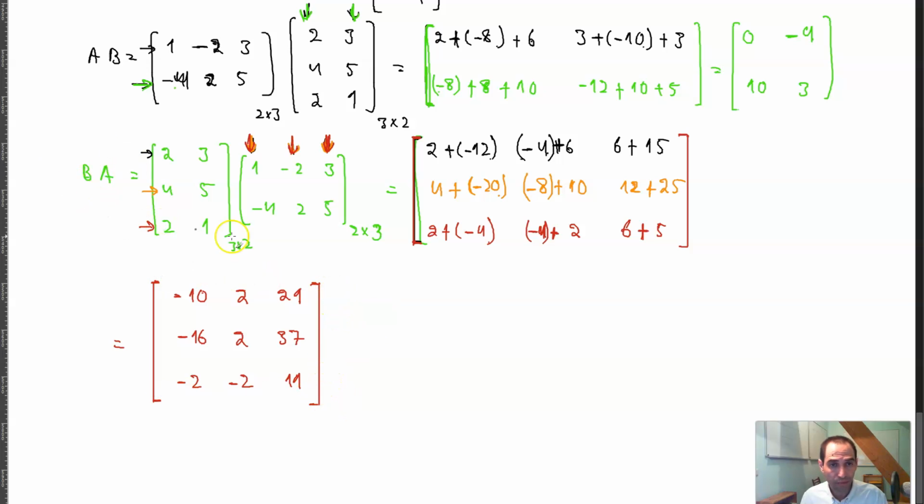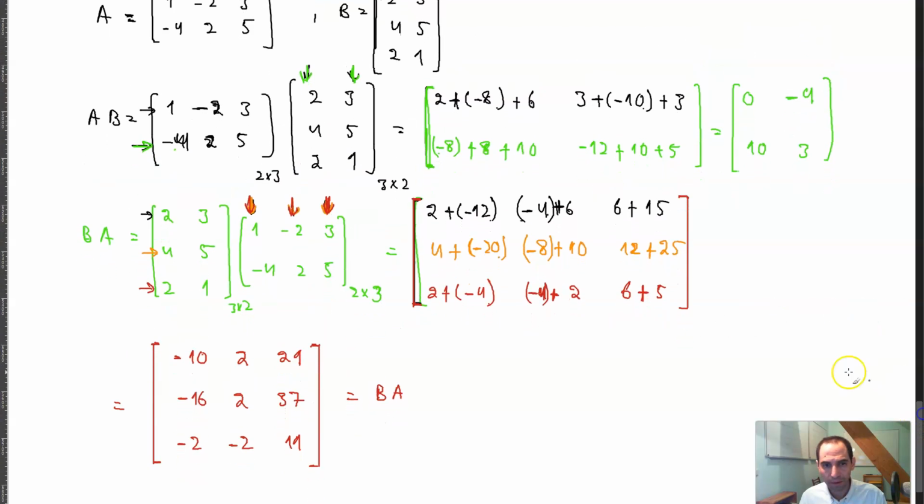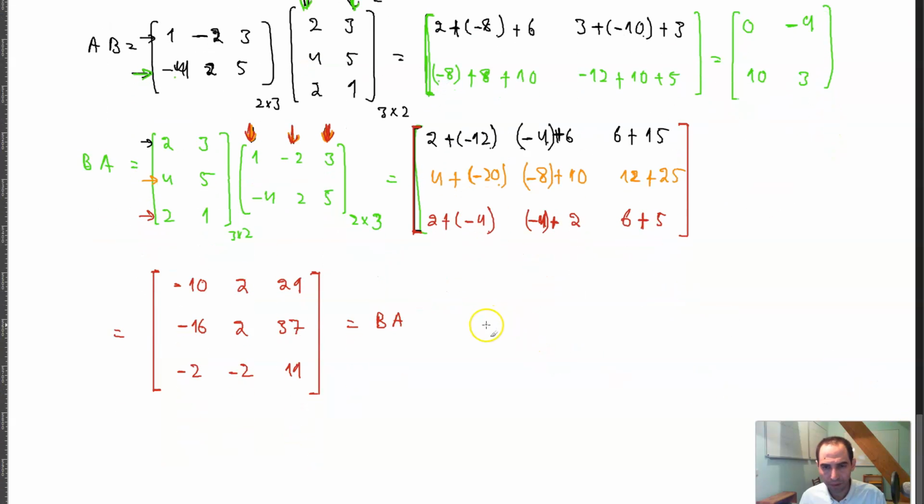And that is BA. This is equal to BA. And as you can see, of course, AB is not equal to BA. Therefore, AB is not equal to BA. Now to check whether 2, 21, -16, 2, 37, -2, -2, 11 and that the answers are correct.